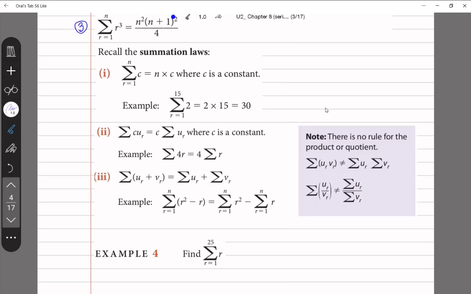Summation result 3: the sum of u_r plus v_r is equal to the sum of u_r plus the sum of v_r.